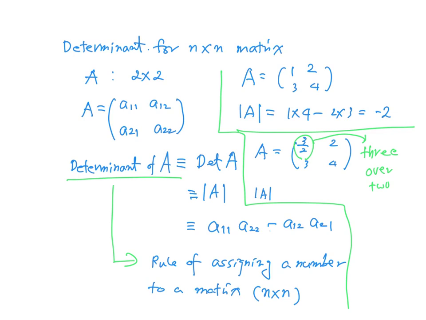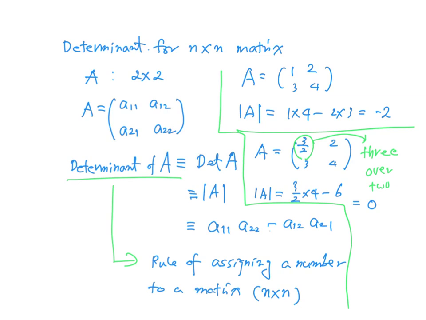So determinant A is, actually I chose the particular components to make 2, 3 times 4 minus 6, which is actually 0, right? So sometimes determinant can be 0, sometimes determinant is non-zero. So that is a very important property.